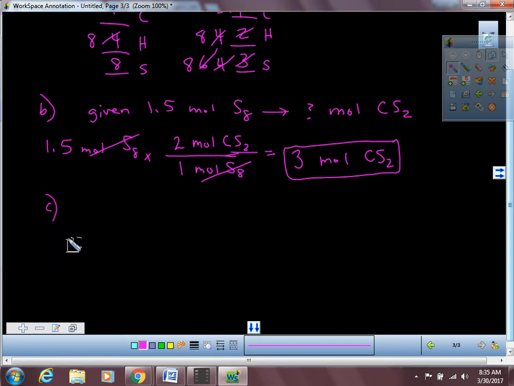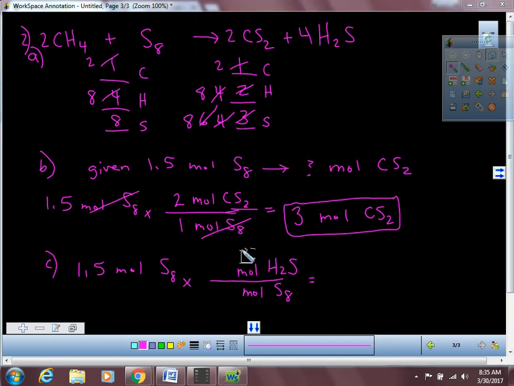Part C, how many moles of H2S are produced? What do you have a number for? 1.5 moles of S8. What do you need to know? Moles of H2S. So I put H2S on the top, S8 on the bottom. And I go back to my balanced equation, right?